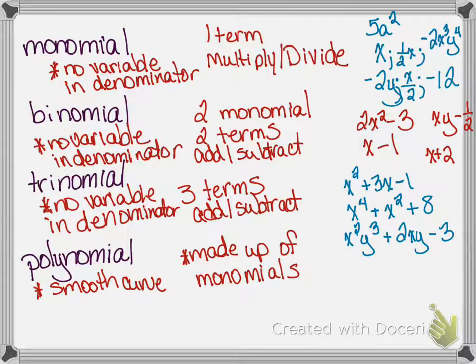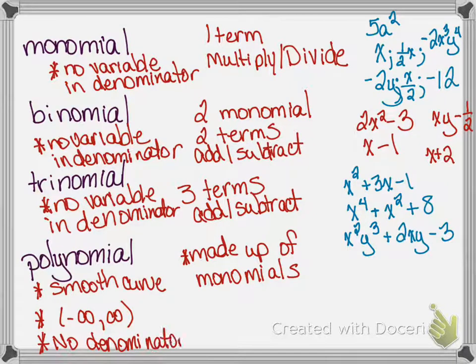A polynomial has to have a smooth curve, and its domain has got to be all real numbers. No denominator with a variable. That's important for the definition of a polynomial.